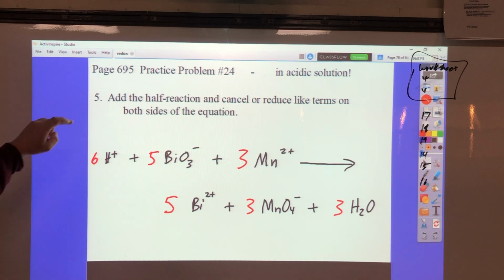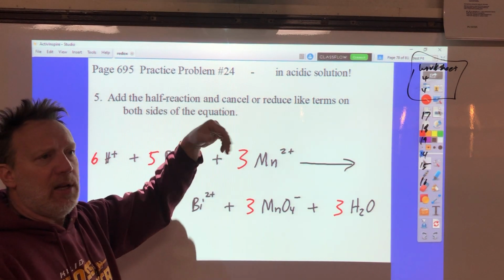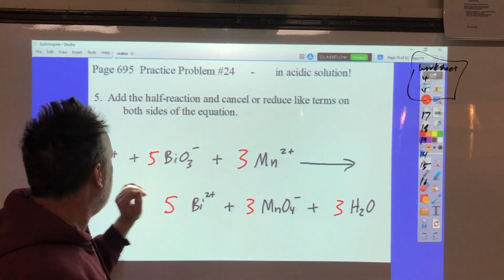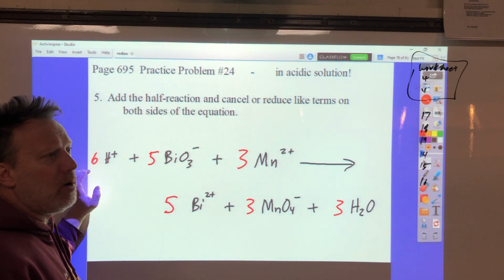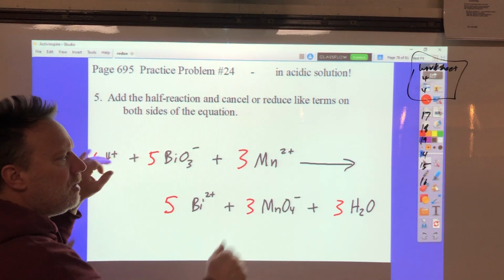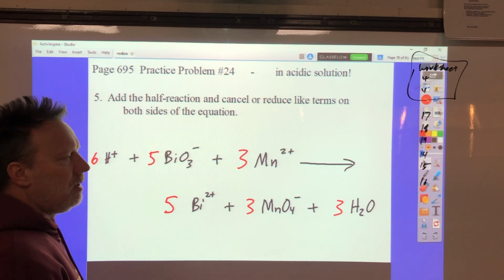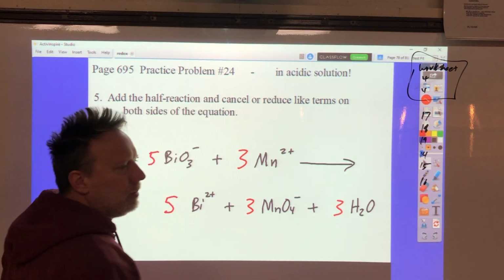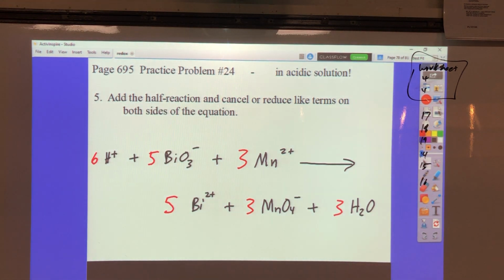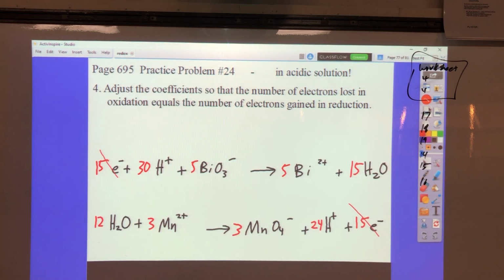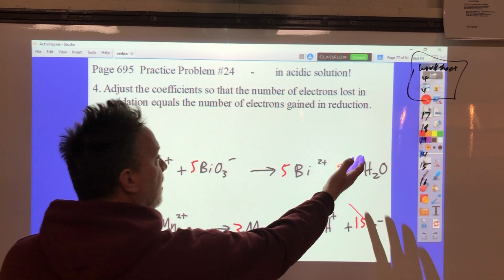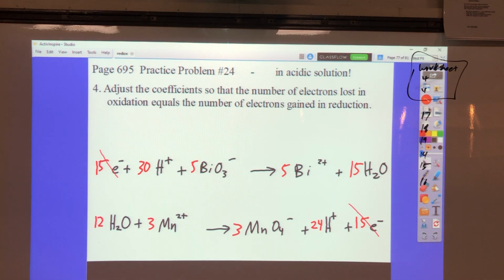Now I added the half reactions, that canceled electrons, it reduced like terms. We have 30 on one side, 24 on the other, that gave me 6. For water, 15 on this side and 12, that gives me 3 on that side.